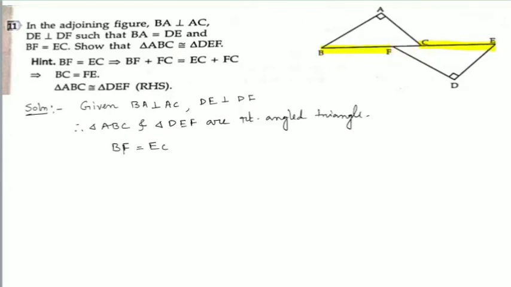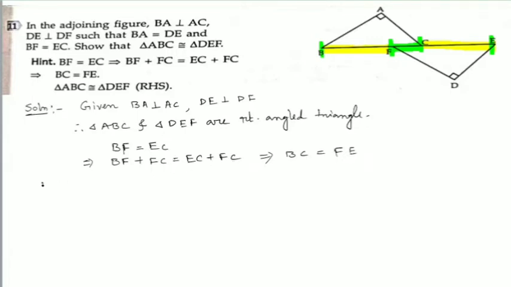Now, if we add FC in both sides, then we will get BC is equal to EF. Okay, so here we write implies BF plus FC is equal to EC plus FC. We add FC on both sides, therefore it will be BF plus FC means BC is equal to FE.